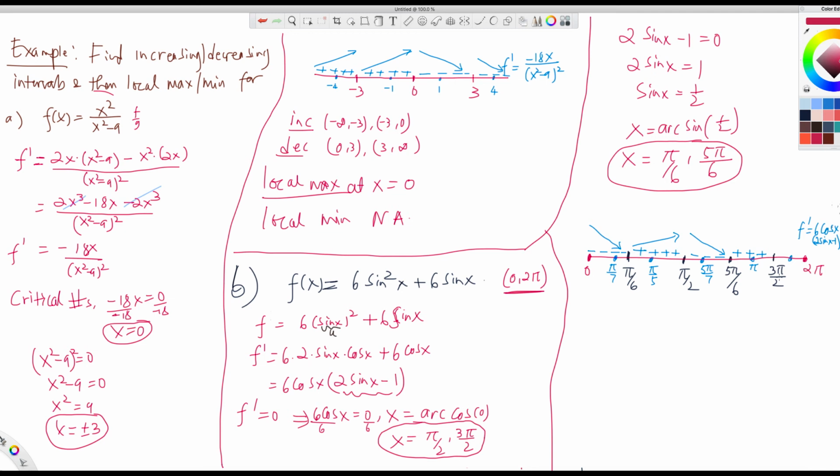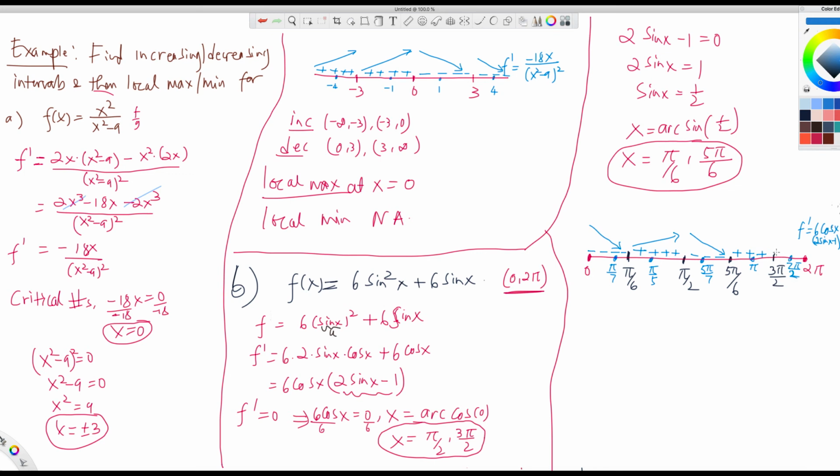What is the number between 3 pi over 2 and 2 pi? It will be 7 pi over 4, because I am finding the average of those two. 3 pi over 2 plus 4 pi over 2. So if you don't know how to pick the test point, you can take the average of those two bounds.